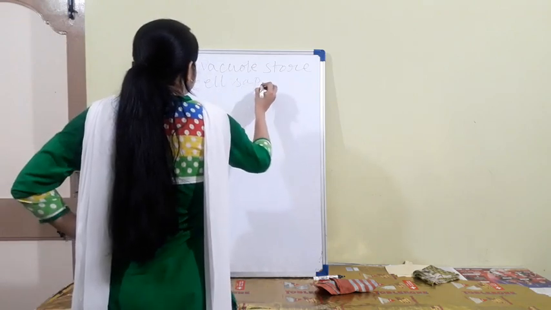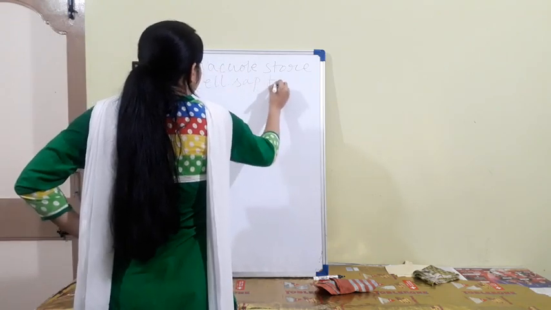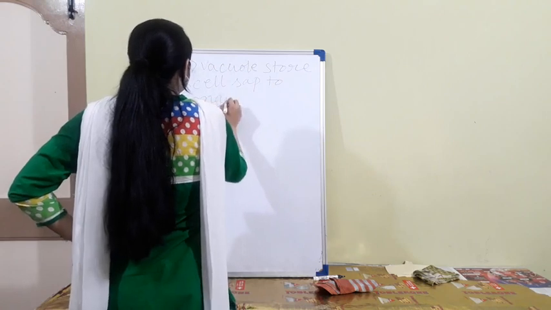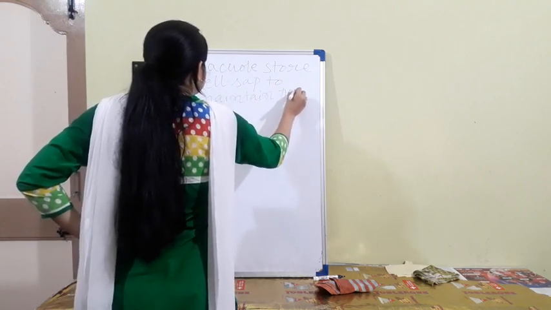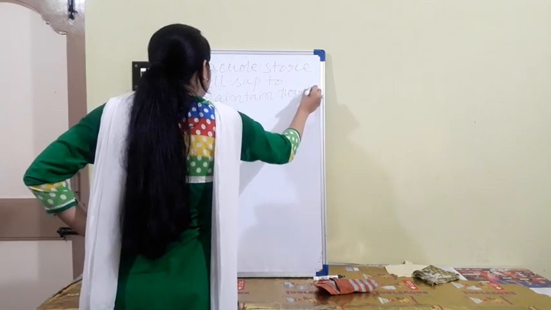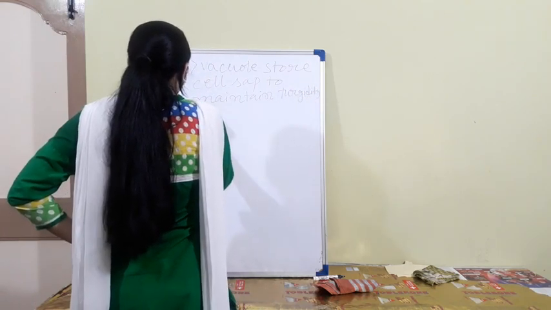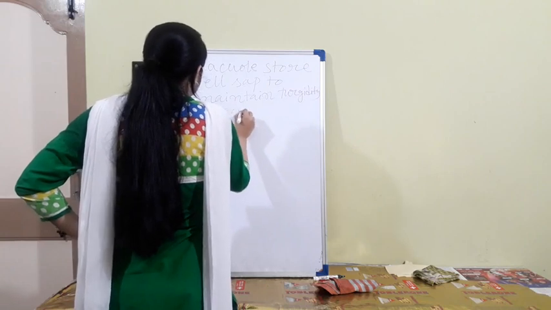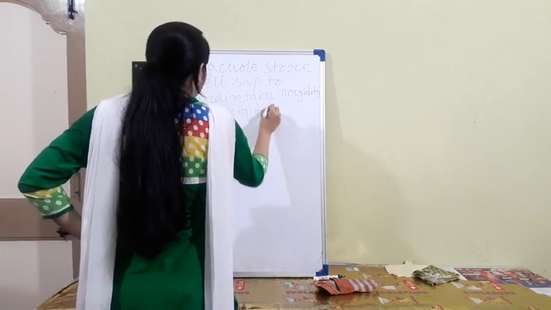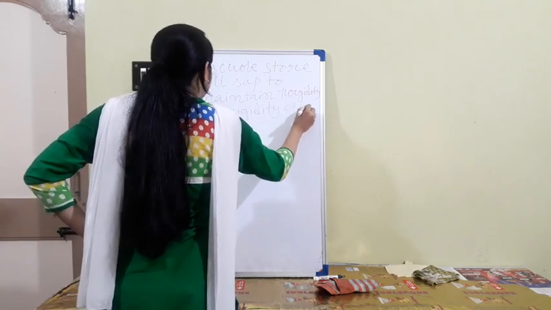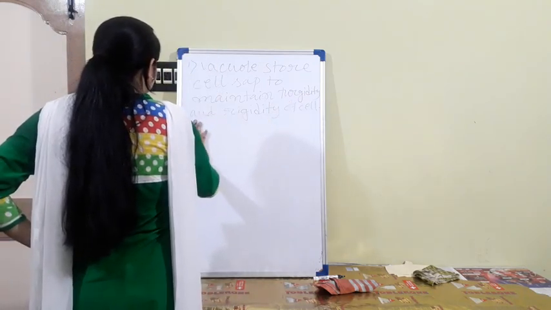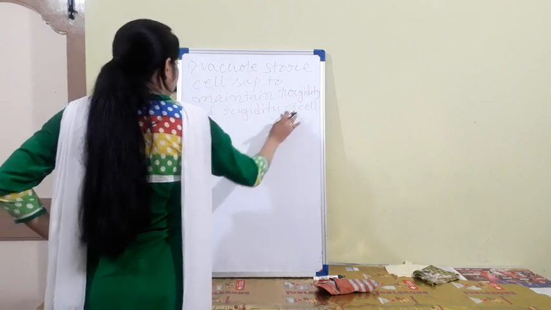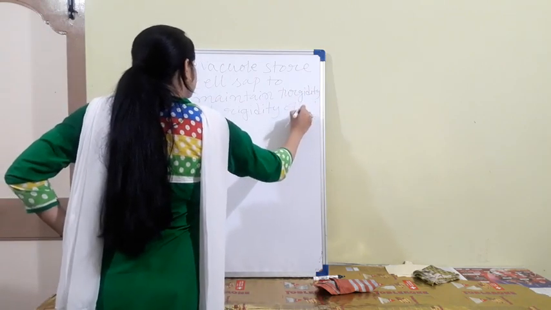Vacuole stores cell sap to maintain turgidity and rigidity of cell in plant cell.